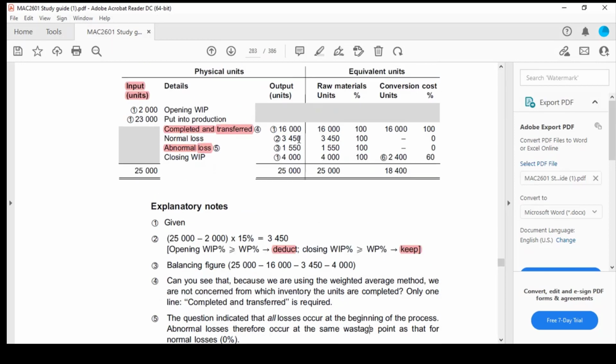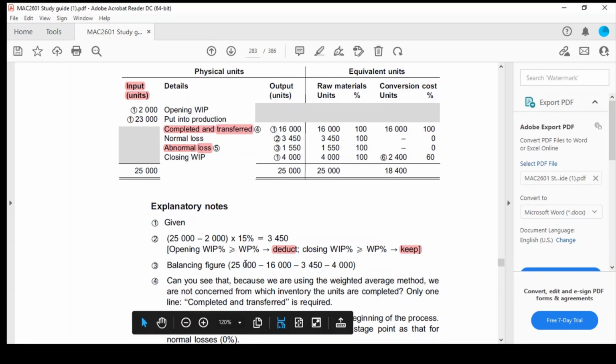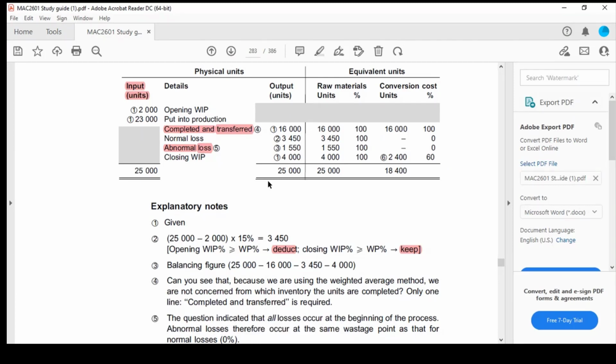Are we happy with the output? Are you guys following? Yeah, I think when it's put into context of this physical and equivalent units, then it makes sense. It does, right? It all comes together. But when you do it in isolation, I think it's a bit gray. But when you put it into context, because now you can see you're completed and transferred, obviously it all has to go through that wastage point, etc., and your closing WIP and your opening WIP.